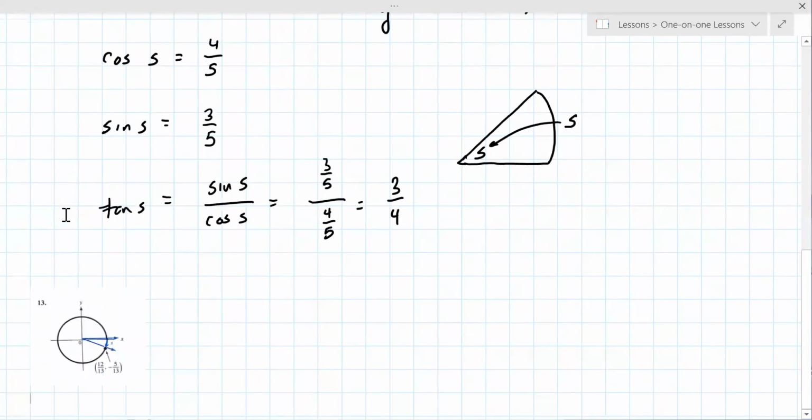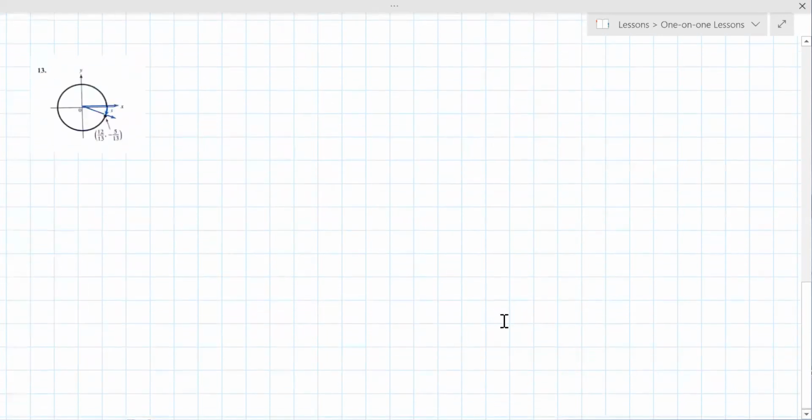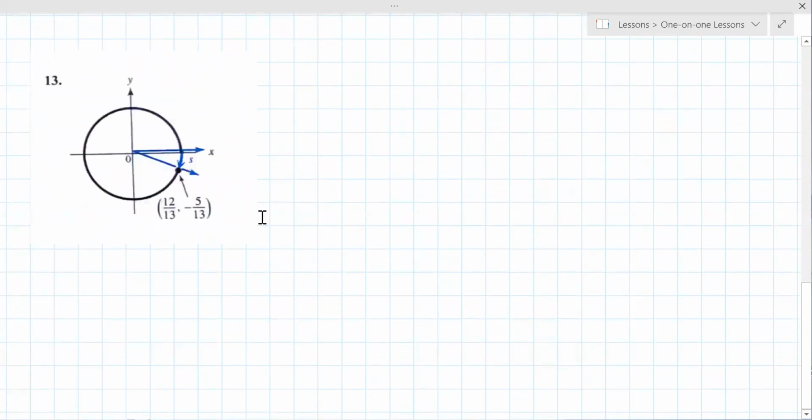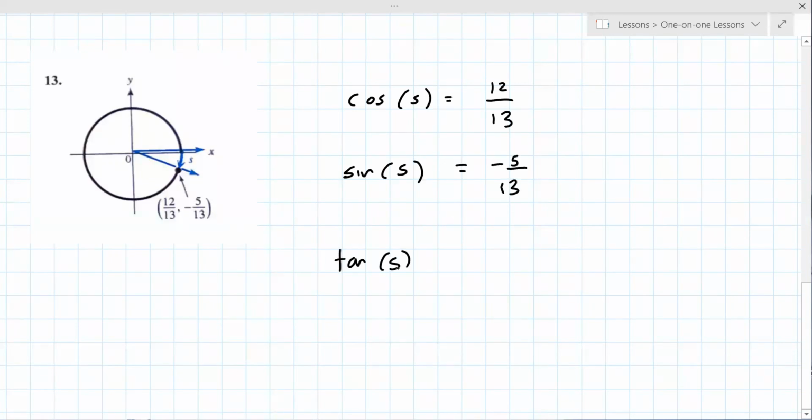All right. On to number 13. For the x and y coordinates here, for the sine and the cosine of s, the cosine of s, you're literally just reading off the x coordinate. And then the sine s, same thing, the y coordinate. Sine s equals -5/13.